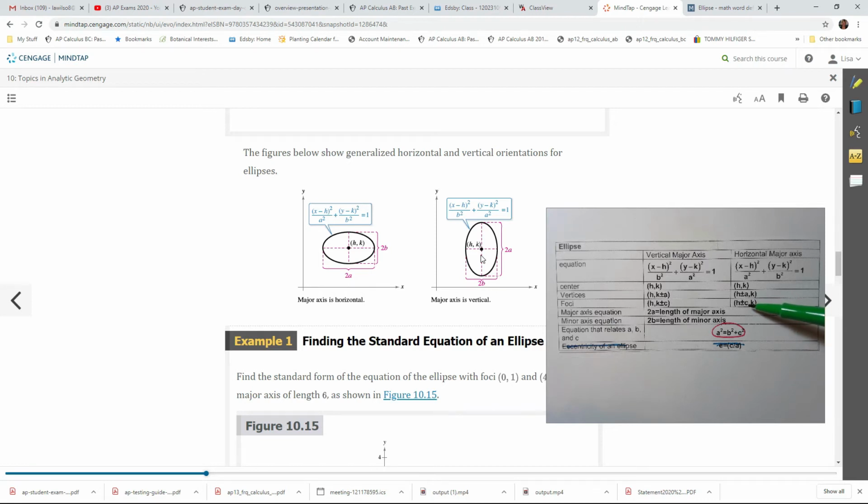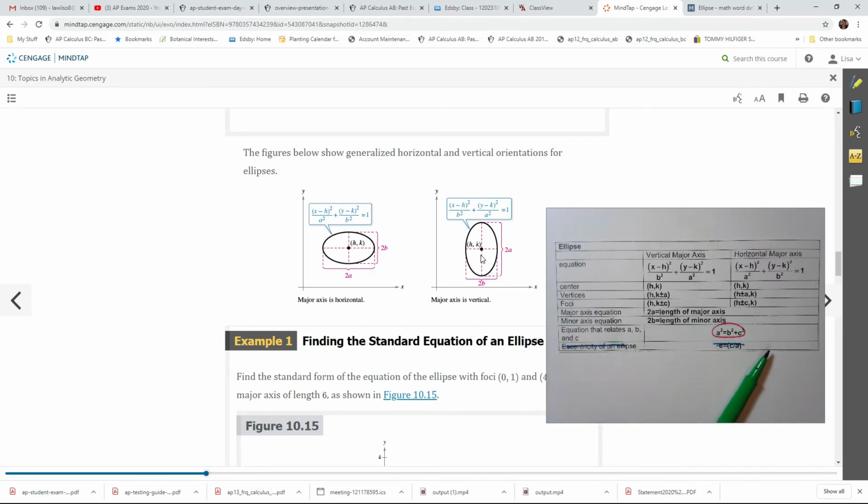So the k's and the c's switch places in the foci case, and the k's and the a's switch places in the vertex case. The length of the major axis is 2 times a.